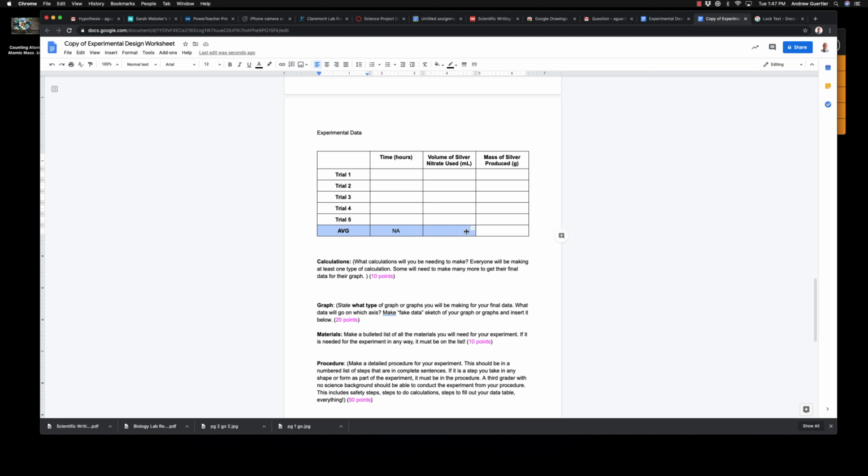Oops, I'm doing it wrong. I want to delete this. Where do we want to put the average? Let me think about this. That's right, that's correct. I am doing this right. I'll explain.